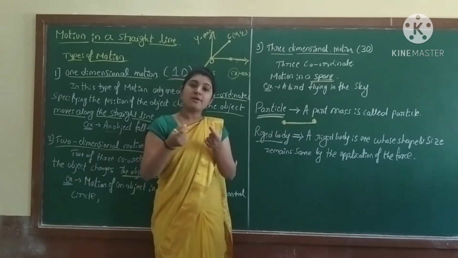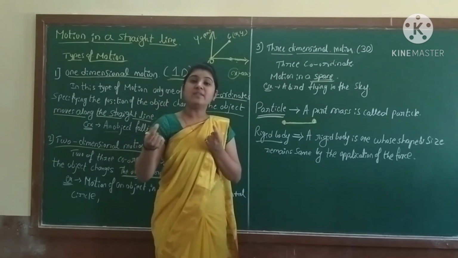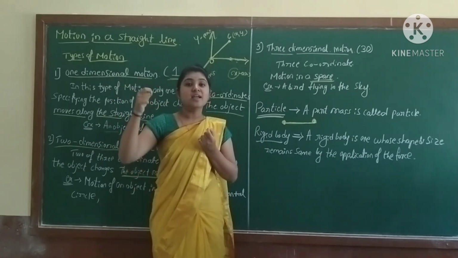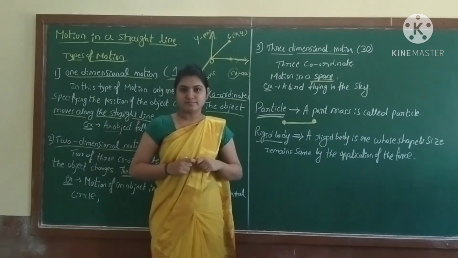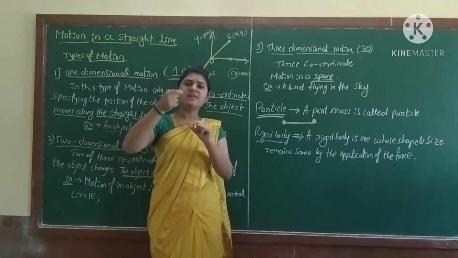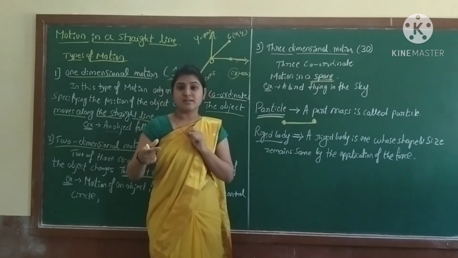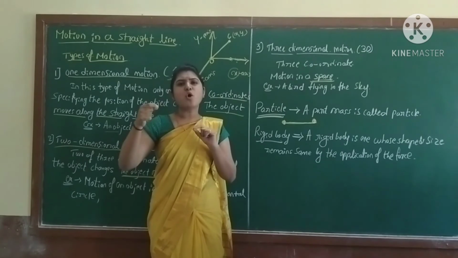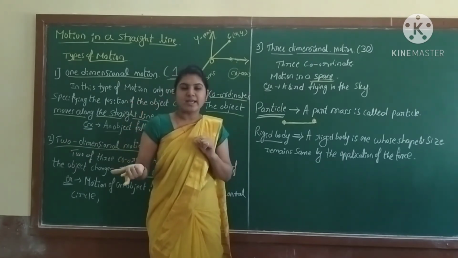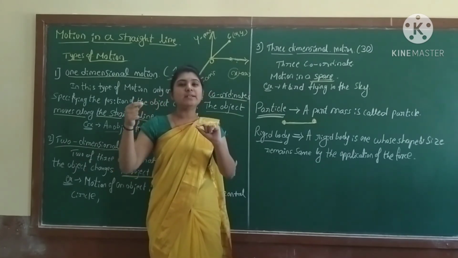Atom is itself very small, and within it we see some even smaller things. That is nothing but the particle. The atom is a very small particle. In that again we see some small particles, which we can say are small point masses.